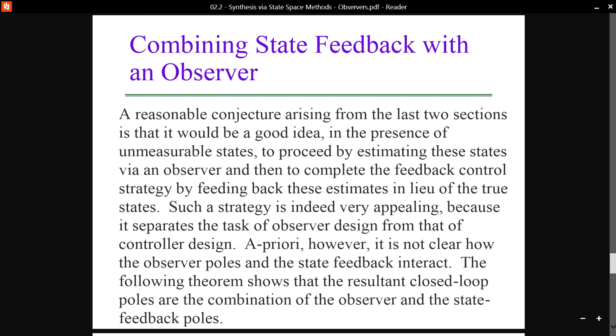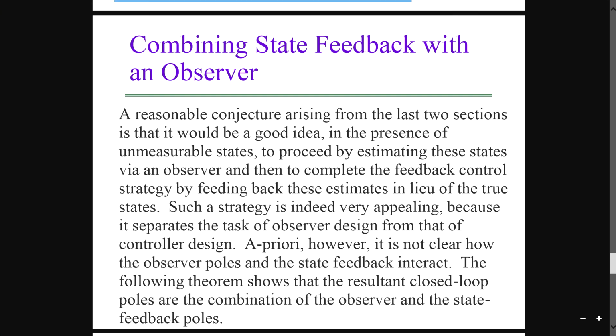It says that we can proceed by estimating unmeasurable states. In the presence of unmeasurable states, we can proceed by estimating these unmeasurable states using an observer and then complete the feedback control. So we can feed back to our controller and then control our system in a certain sense.